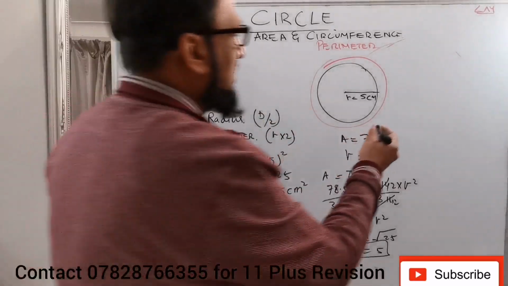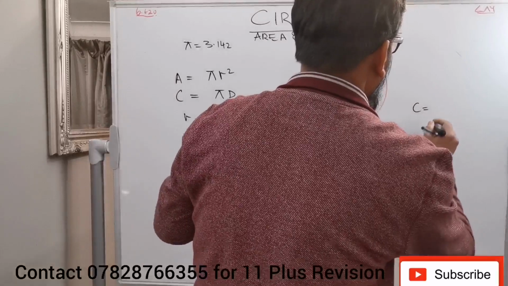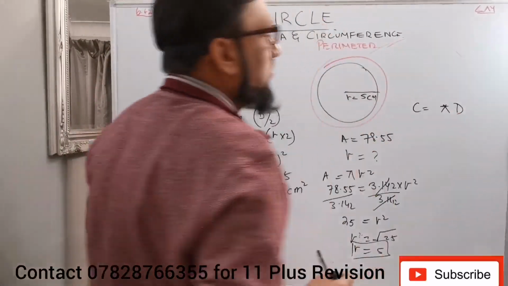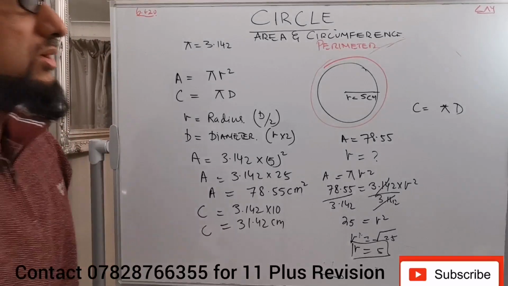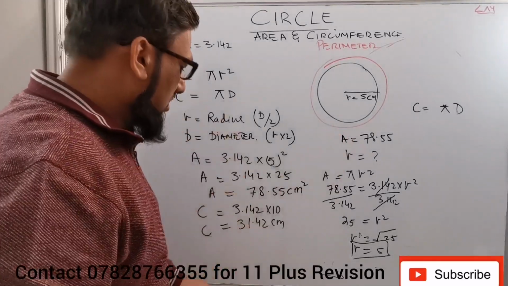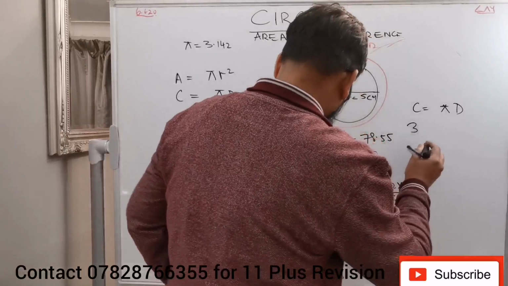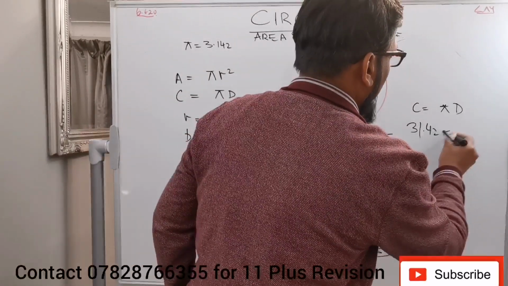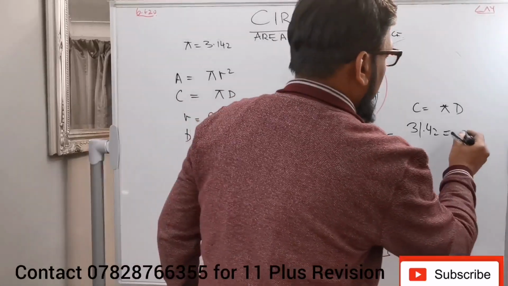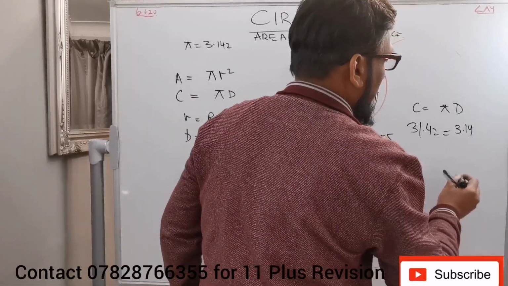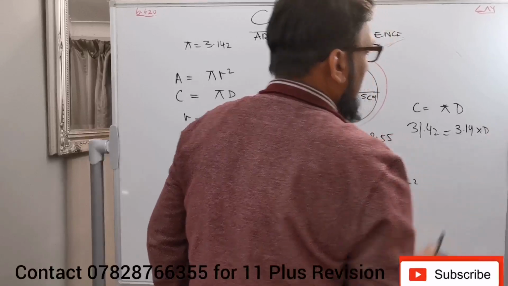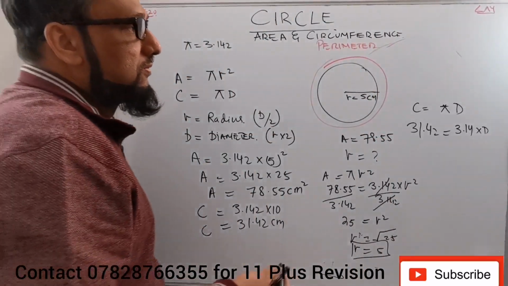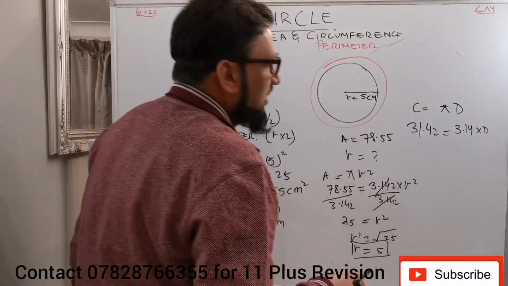And the same if they give you the circumference. Say the circumference is given as 31.42, and you need to find the diameter. So 31.42 equals pi, 3.142, times d.